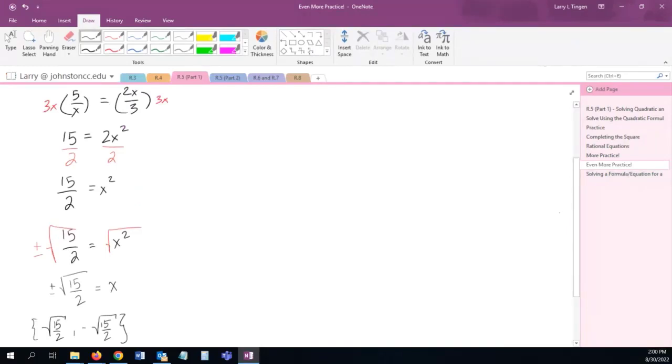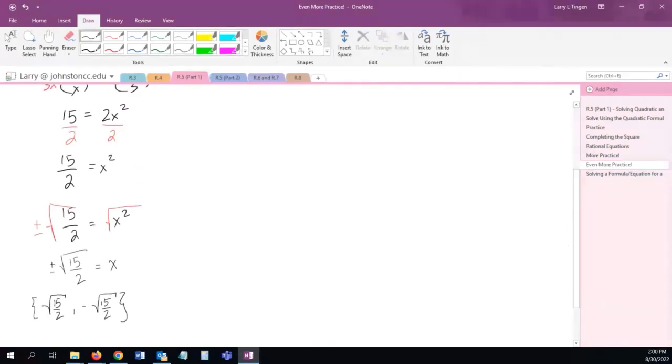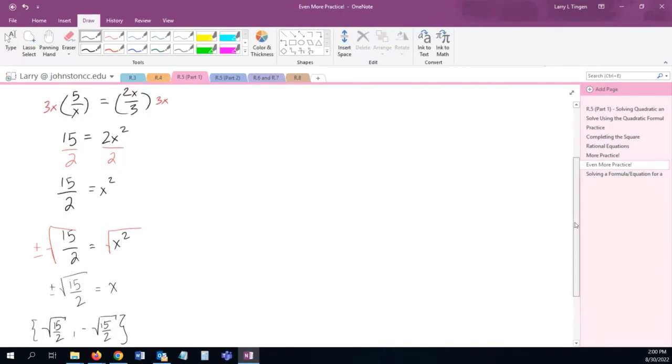I need to check them, and we already talked about how if I'm going to run into problems with this, it's typically going to be division by 0. The original problem is just 5 over x is equal to 2x over 3. So I'm going to check root 15 over 2 and see what happens.